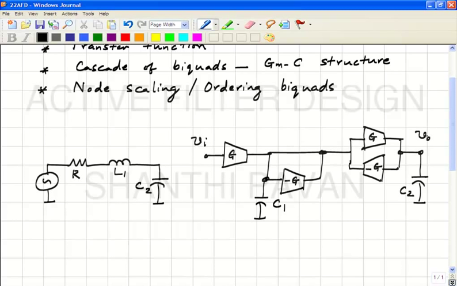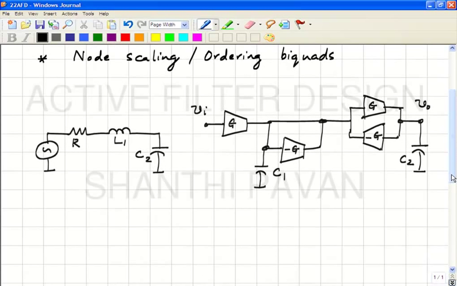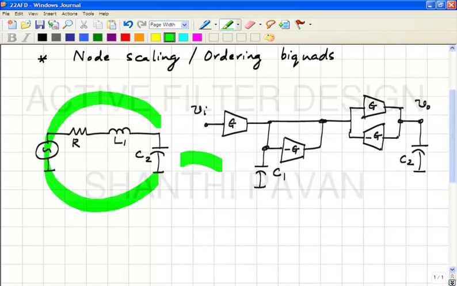All right. Here I have chosen all the transconductors to be identical, correct? In which case, what can we say about C1? What is the DC gain of this circuit?